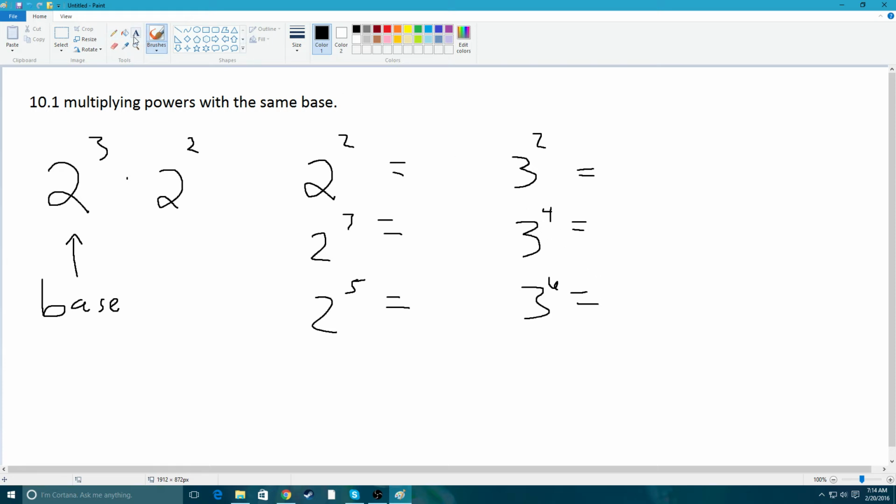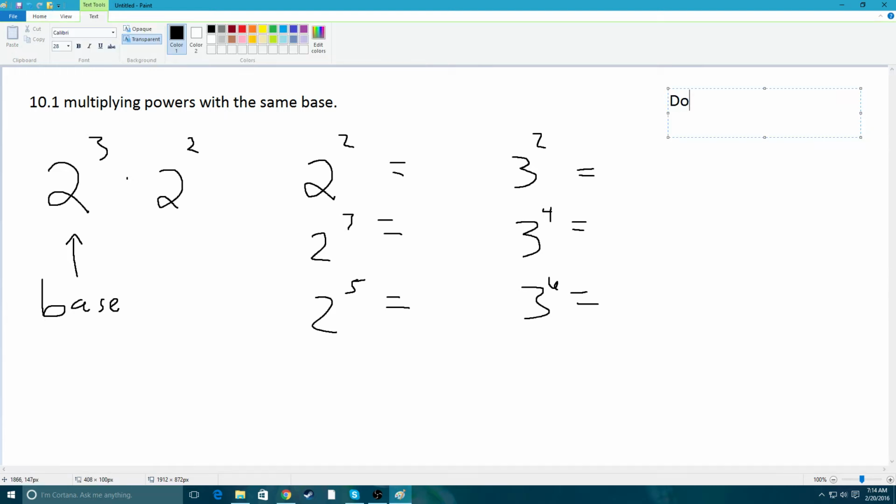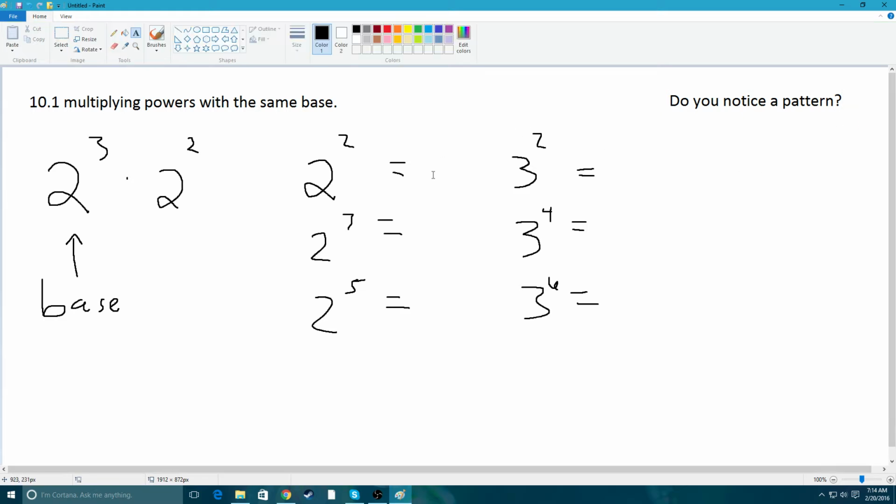Okay. And after you solve those all out, I want you to answer that question. Do you notice a pattern in the answers? A pattern between the answers, and if there's a pattern like in the exponents. Do you see some kind of pattern?